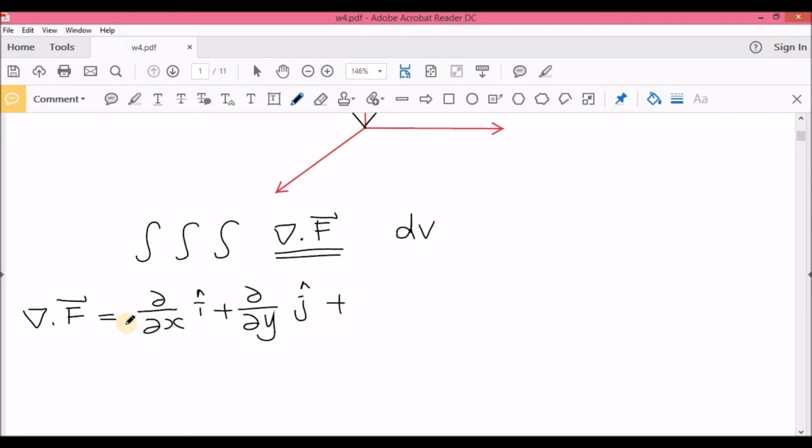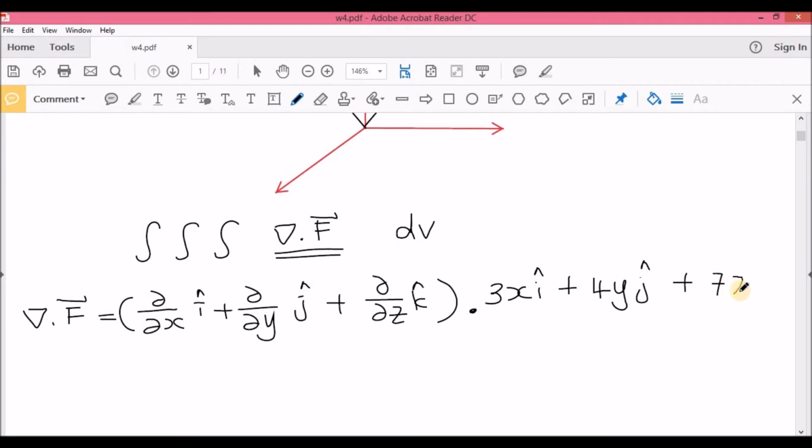Del is dot product with the F given by the question, 3x i plus 4y j plus 7z squared k.